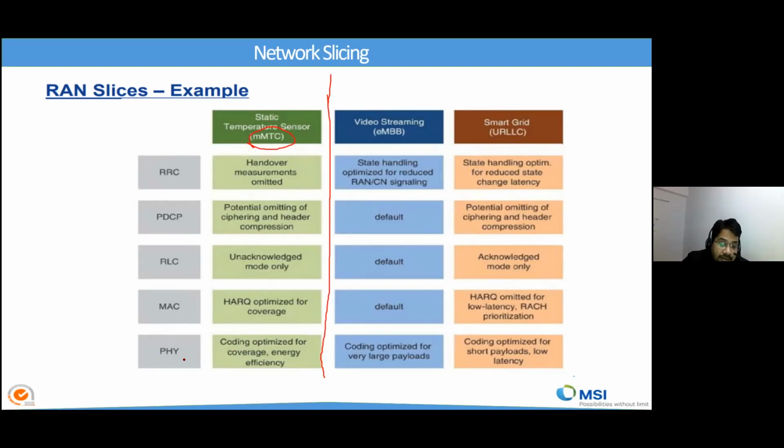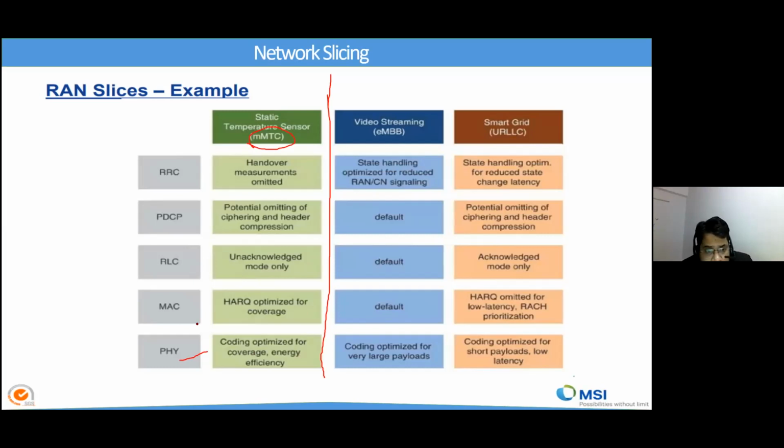The physical layer functions will of course provide coding functions, and they will be optimized in such a way that they can provide a major coverage area, so that it can fulfill the needs of IoT applications.